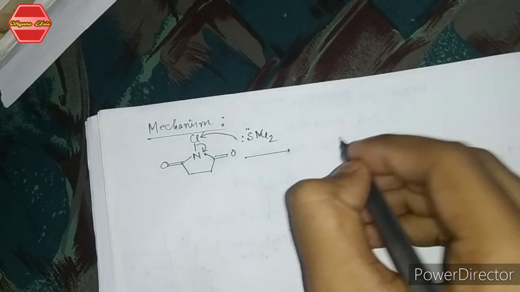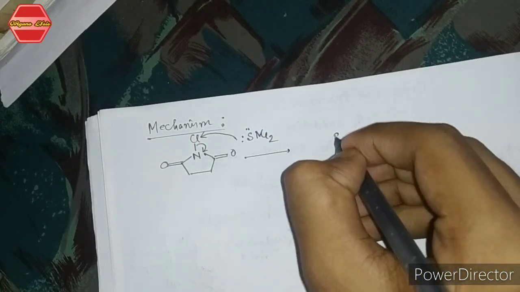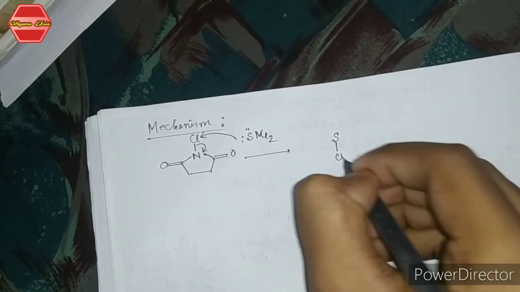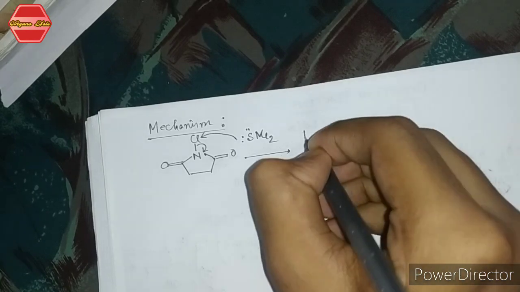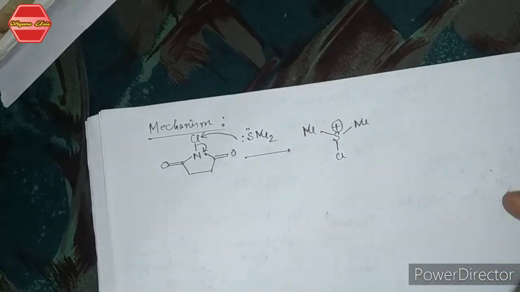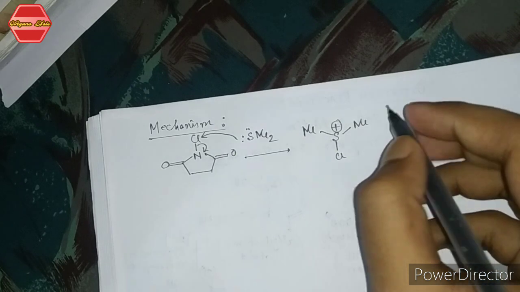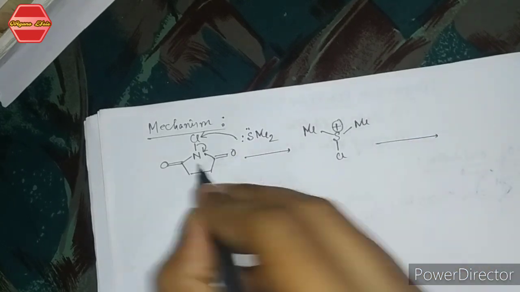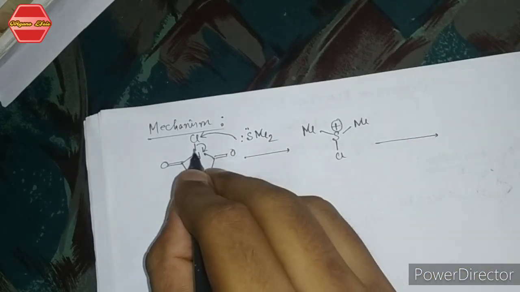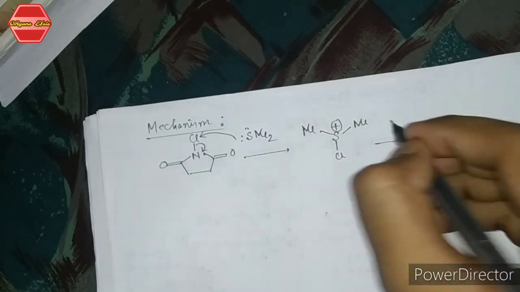Okay, now see what product is formed, this one and this one. So there is a positive charge on the sulfur atom, and after that this leaves from the system as a nitrogen with a negative charge on the nitrogen.